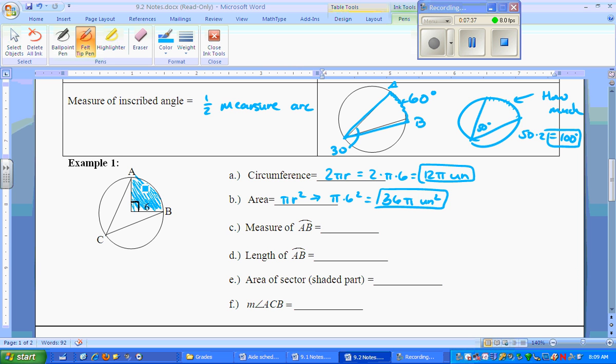Third one, measure of arc AB. Well, the measure is the central angle, so the central angle is 90, so the measure is 90 degrees. Length, we need the circumference, which we know is 2 times pi times 6. We're going to be multiplying by the central angle over 360. Final answer, 3 pi.